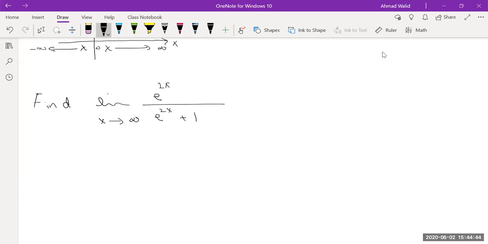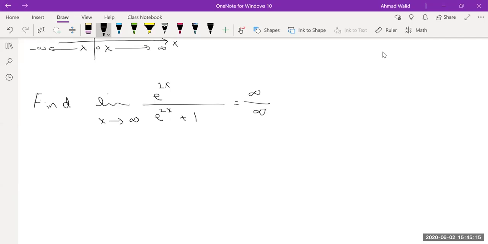Remember from calculus 1, when you have a limit problem, the first thing to do is you have to plug in the number, correct? That's the easy way. First check, plug in the number. If I plug in here infinity, e to the 2 times infinity definitely gives you infinity, correct? And here it gives you infinity plus 1, which is infinity. It gives you infinity over infinity.